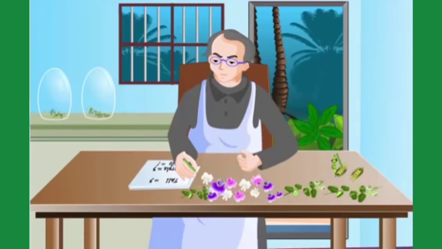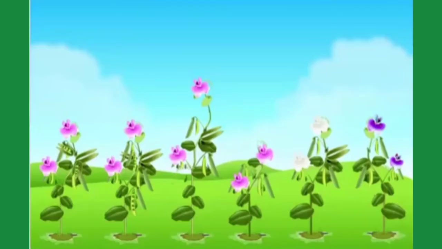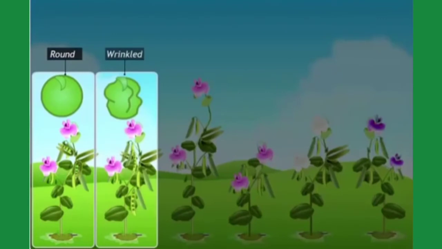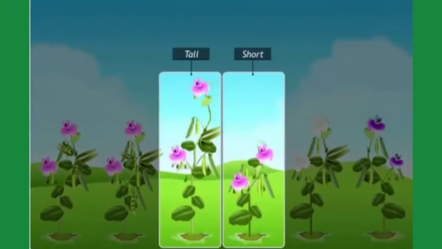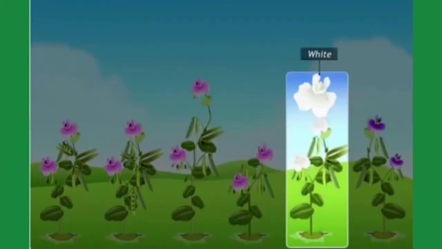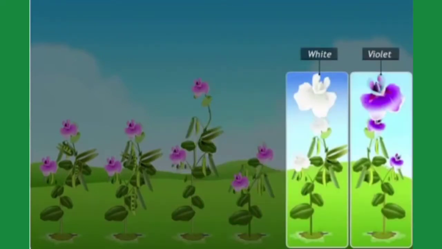He used a number of pea plants with various traits such as round and wrinkled seeds, tall or short plants, white or violet flowers, and so on.